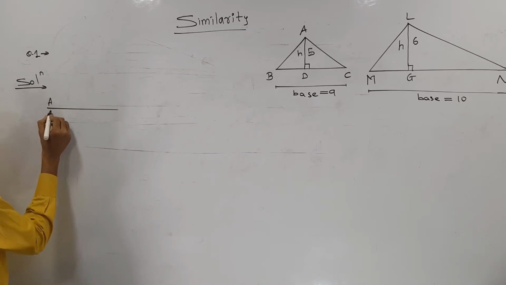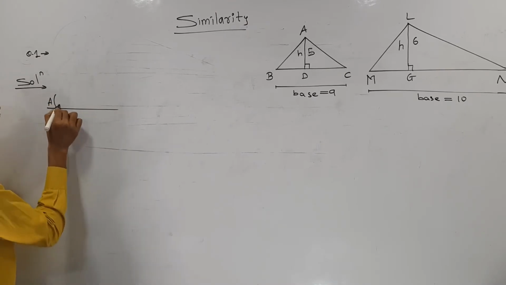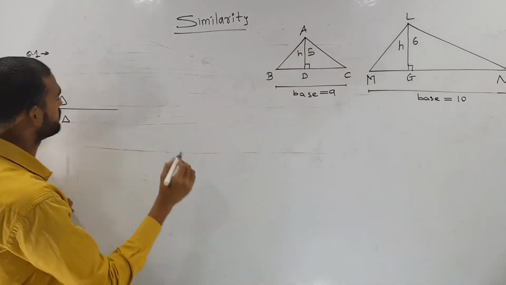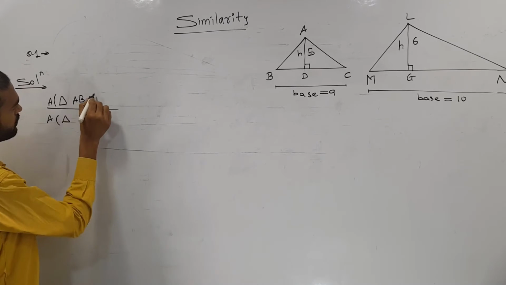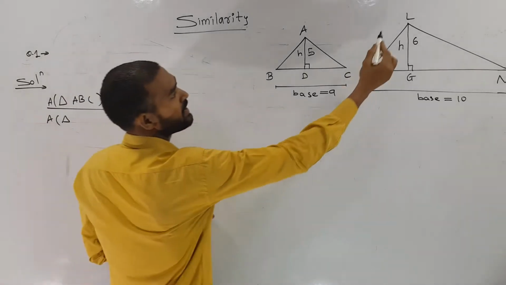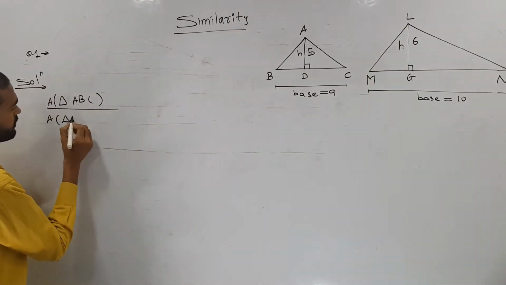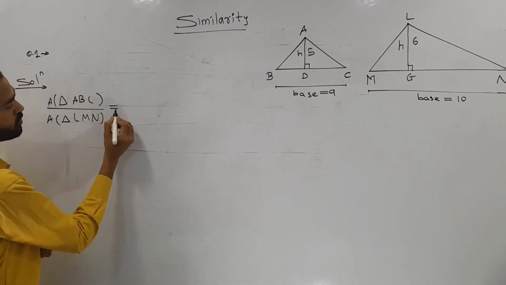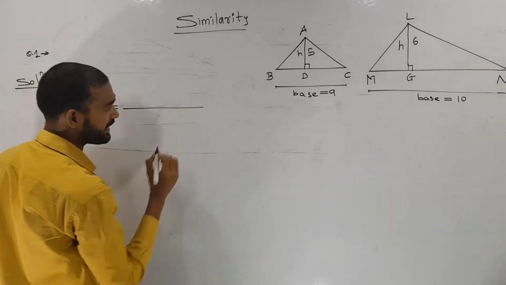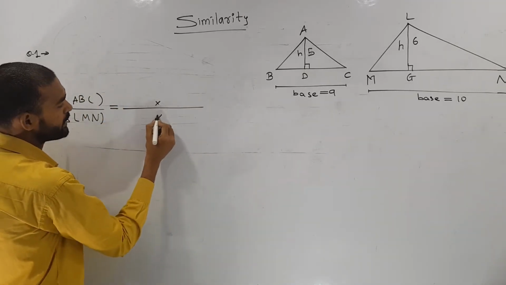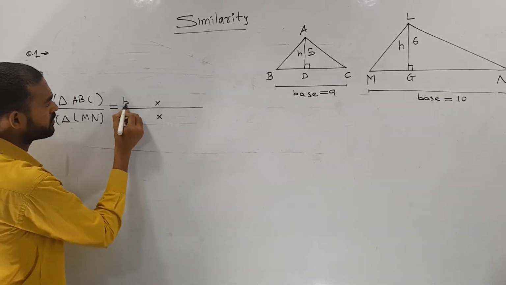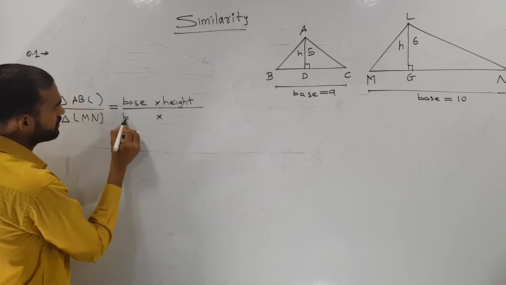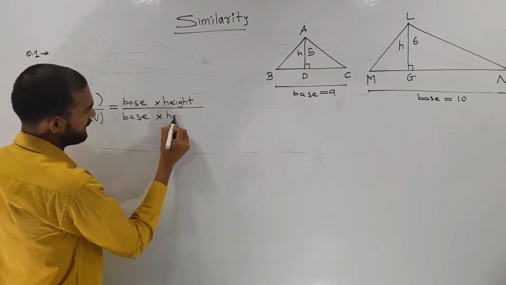Ratio of areas of two triangles. What is my first triangle? ABC, upon the other triangle LMN, is equal to the ratio of products of corresponding base and height.